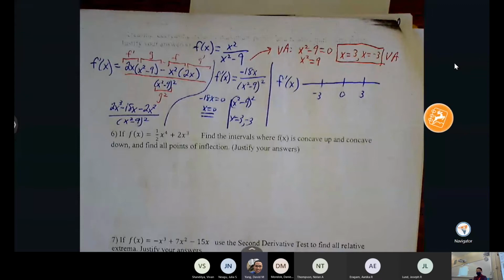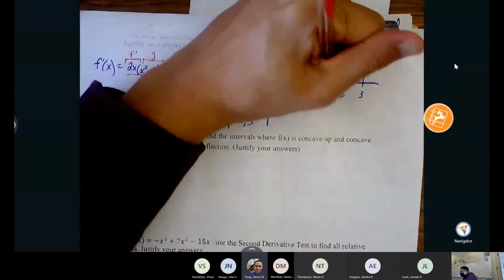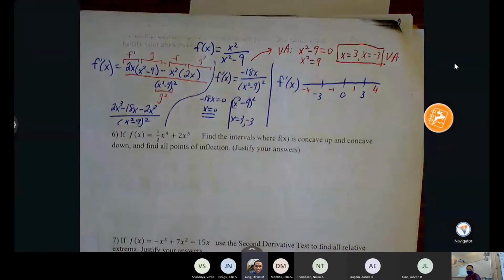Okay. Choose values in each interval. So I'll choose -4, I'll choose -1, I'll choose 1, I'll choose 4. Okay. And how do we test those points? You plug them into the, not the derivative, but the original equation.